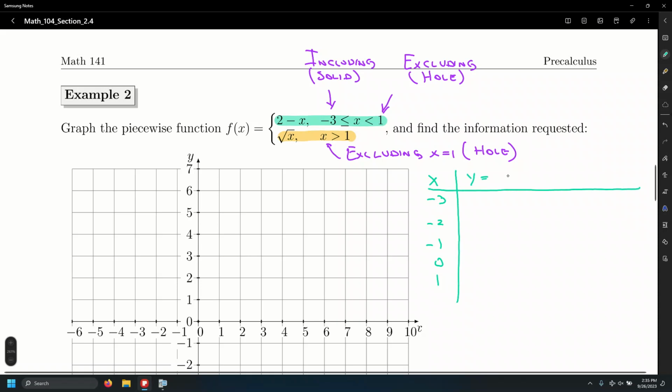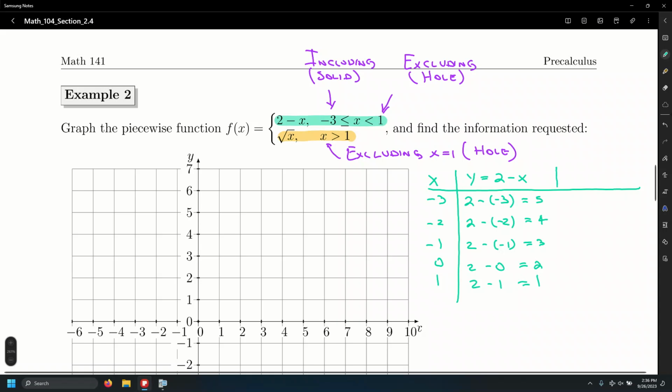So y equals 2 minus x. So 2 minus -3, 2 minus -2, 2 minus -1, 2 minus 0, and 2 minus 1. Let's simplify this calculation. That minus in the front turns it into a plus. So 2 plus 3 equals 5. 2 plus 2 equals 4. 2 plus 1 equals 3. 2 minus 0 equals just 2. And 2 minus 1 equals 1.